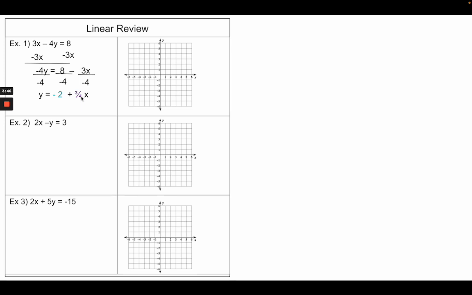Now, I had previously taught you a different way to solve it, and we solved it with formulas. And so let me just quickly remind you that our slope formula is negative a over b, and our y-intercept formula is positive c over positive b. Now, remember that this is a, anything in front of the x is a, anything in front of the y is b, and the number constant on the other side of the equation is c.